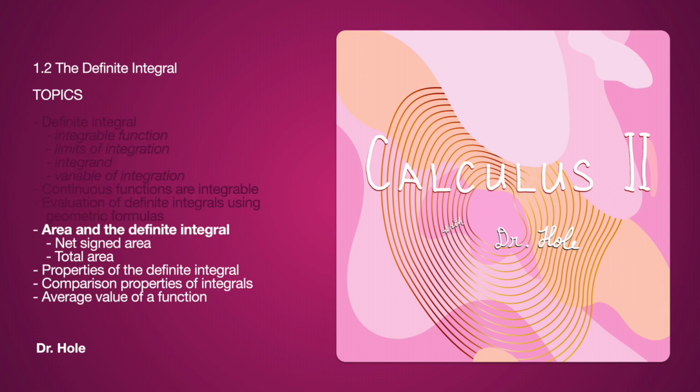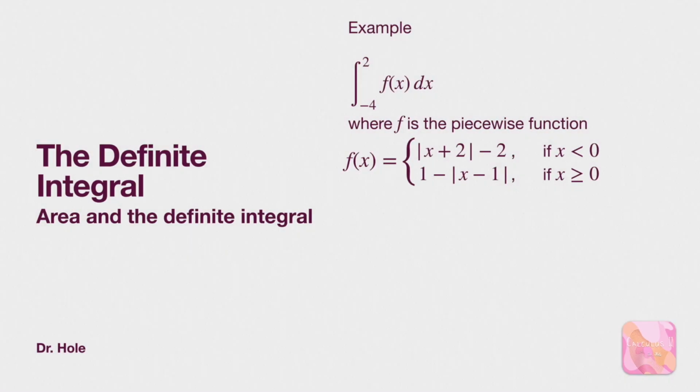Let's consider the relation between area and the definite integral, with the focus of coming to the notions of net signed area and total area. So here's an example. We're looking at a definite integral. The bounds of integration are -4 to 2. Our integrand f is a piecewise defined function, and the variable of integration is x.